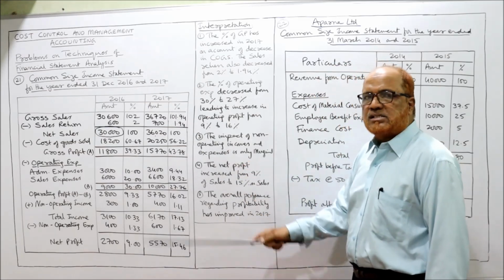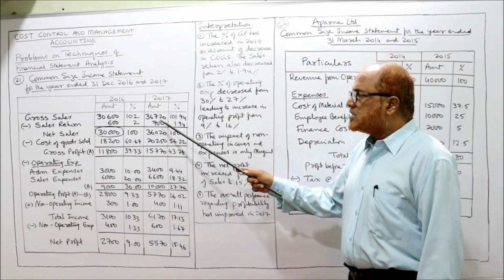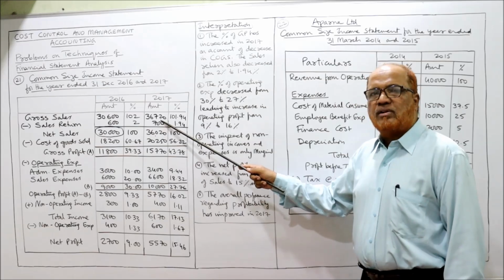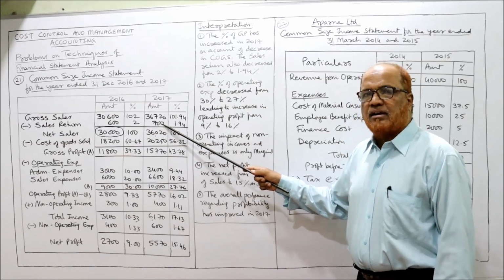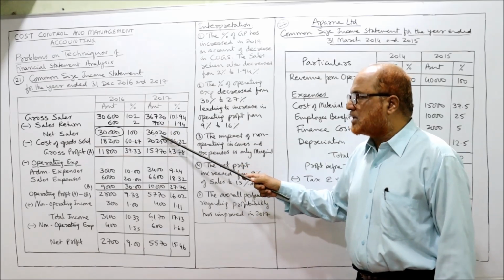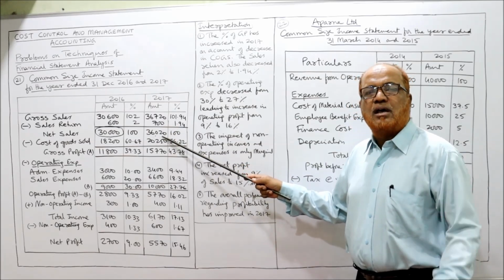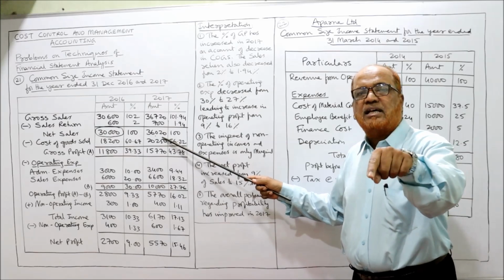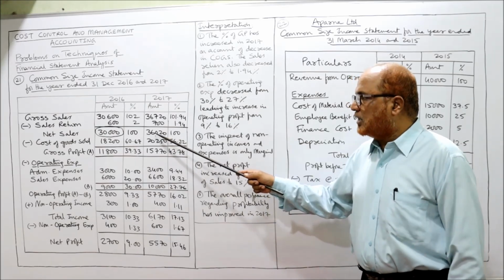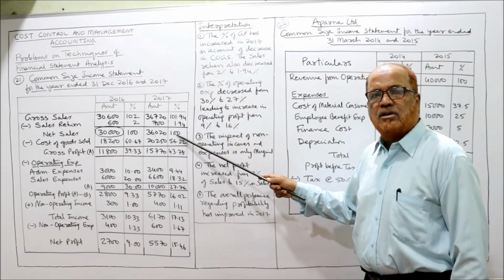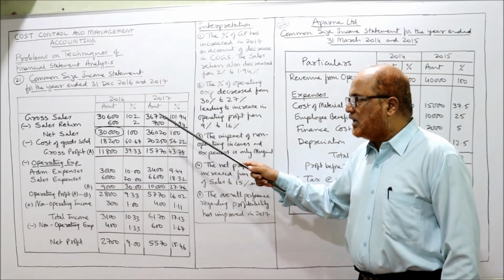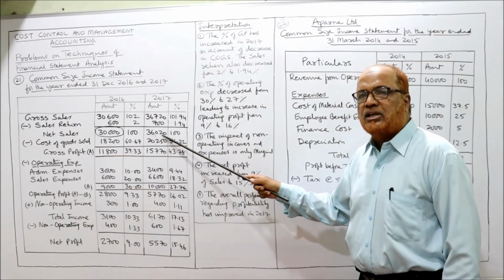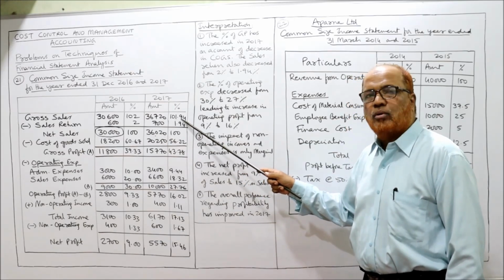Now come to 2017. In 2017, 36,720 is the gross sales given in the problem. Sales return is 700. Deduct, and we get 36,020 as the net sales. Now take the net sales as 100%. So 36,020 is 100%. Now express all the values. 36,720 divided by 36,020 into 100 is 101.94.